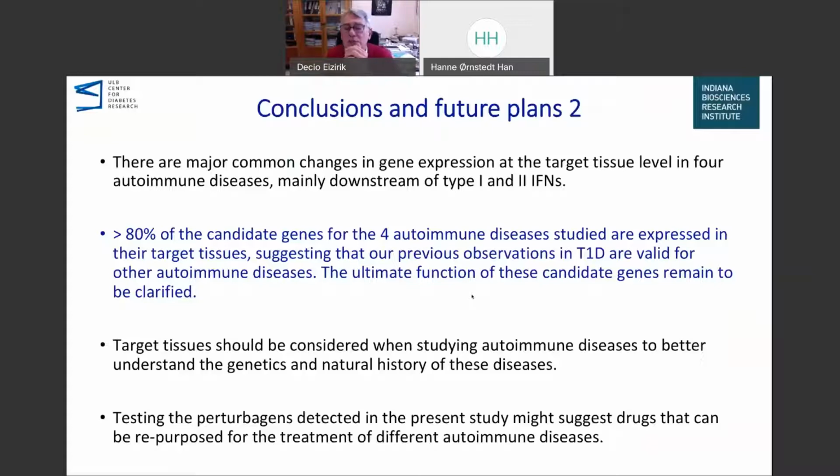The ultimate function of these candidate genes remains to be clarified, and this is one of the research lines that we are pursuing together with Fleming and his colleagues.